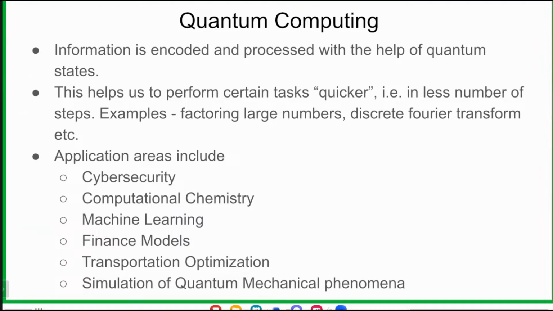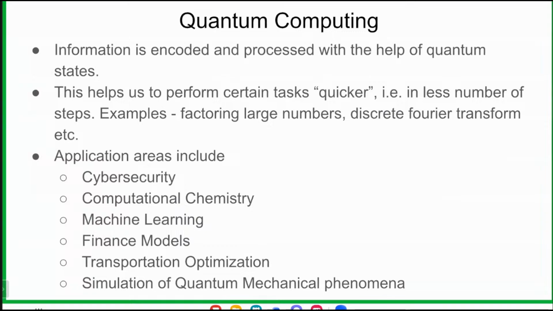We can make something run faster on a computer in two ways. One way is to make the time required for each computational step small, and the other is to reduce the number of computational steps necessary. Quantum computing does the latter.